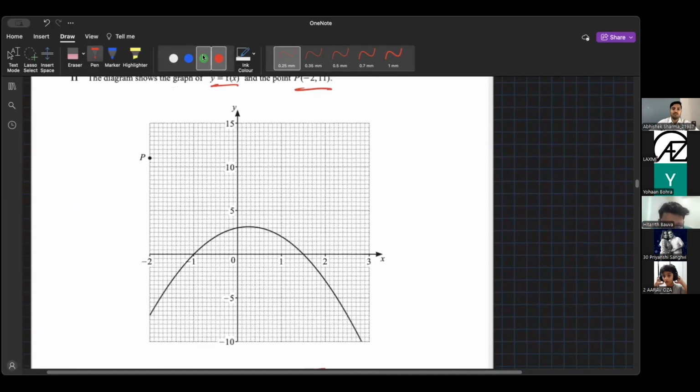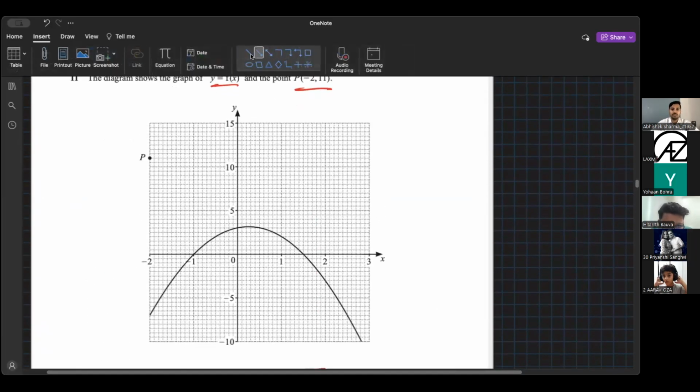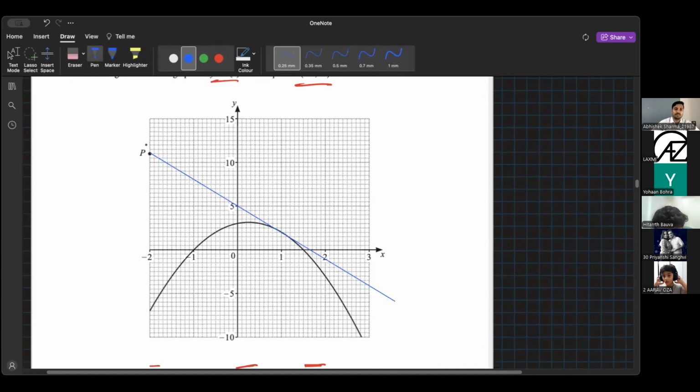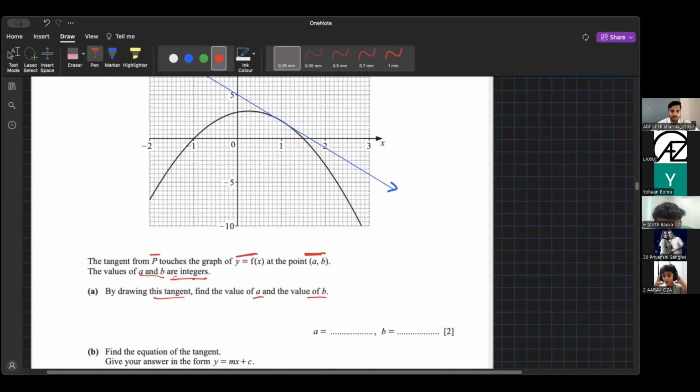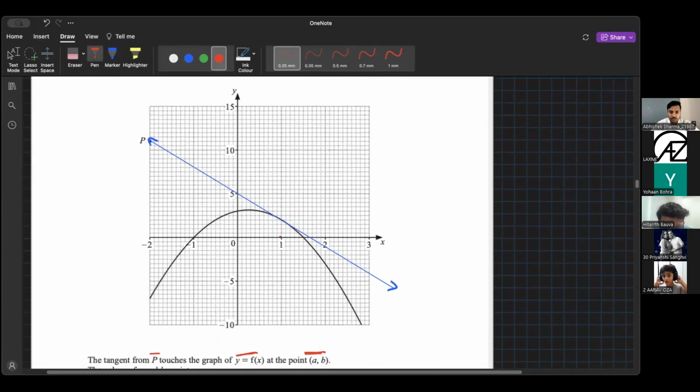So we have to draw a tangent line starting from point P and not intersecting, just touching the curve and passing like this, right? They're touching at A comma B. So A comma B is here.